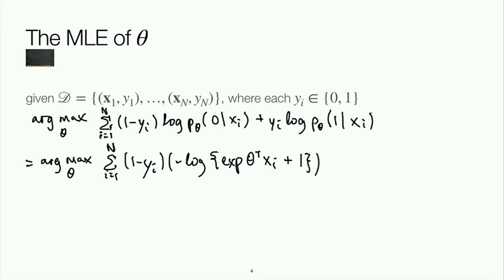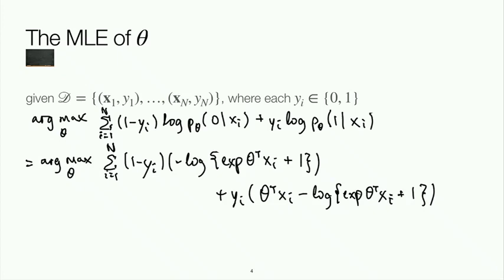We get that first, and then I'll start on the next line because I'm running out of space. We have yi times log p of 1 given xi. Our numerator is theta transpose xi, minus the same denominator term, log of exp theta transpose xi plus 1.